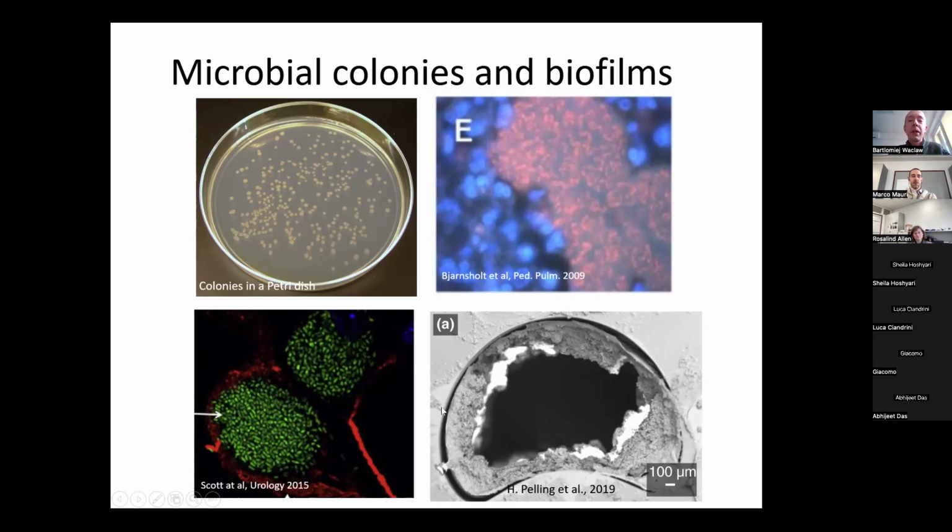You can have bacterial colonies growing inside animal or human epithelial cells, which is shown here at the bottom. And you can also have biofilms or colonies of bacteria growing inside medical devices. For example, this is a section through a urinary catheter in which there is a thick biofilm, which is in addition encrusted with mineral deposits, which makes it a very complex structure.